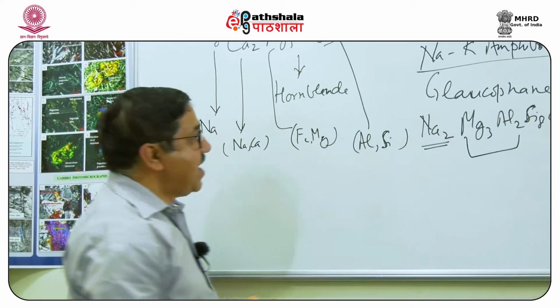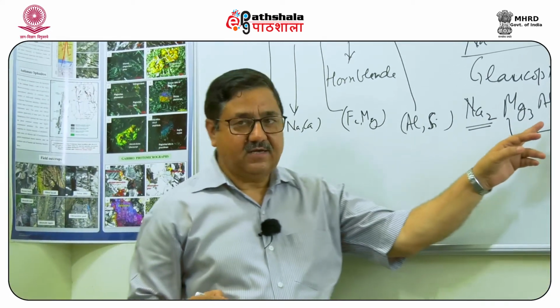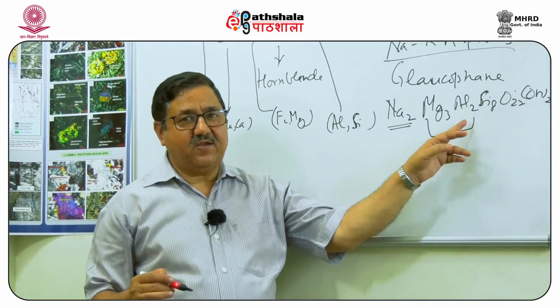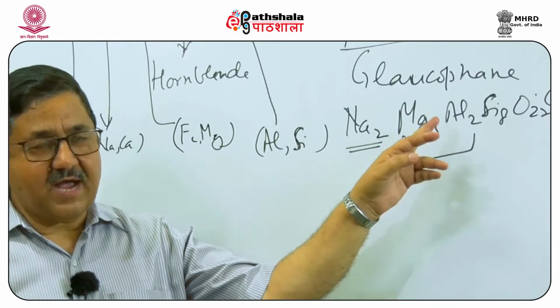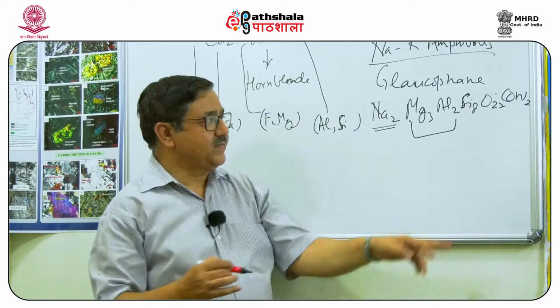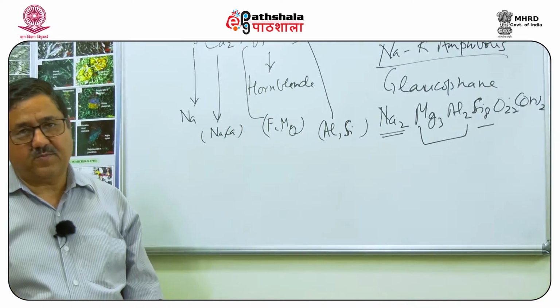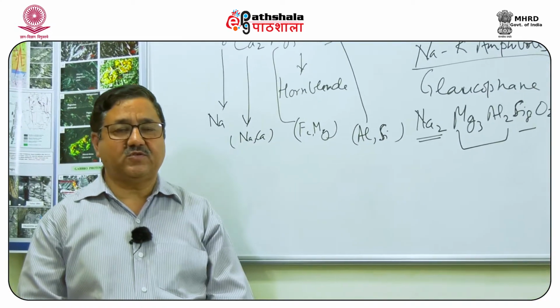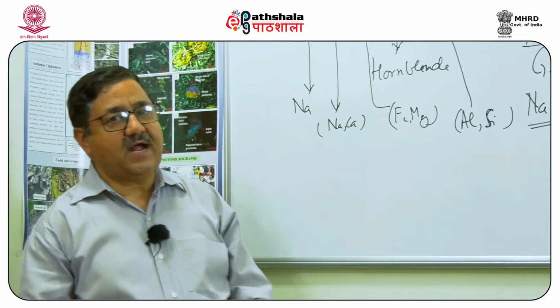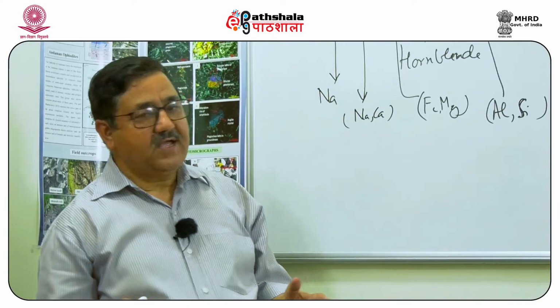The Y position is substitution of aluminium for iron, magnesium or iron, and we have silicon and oxygen in the normal proportion. Now, this amphibole is commonly present in ultra high pressure rocks.